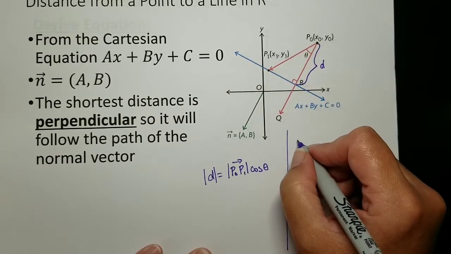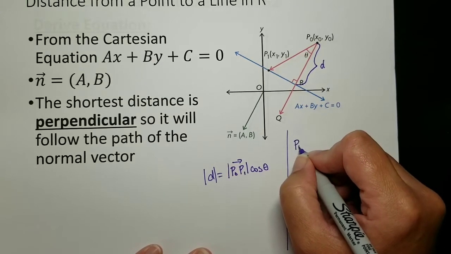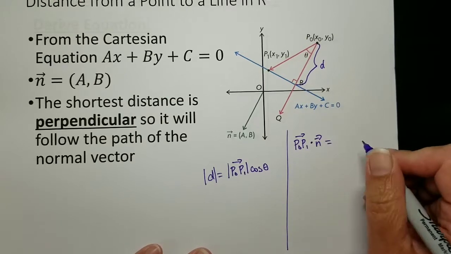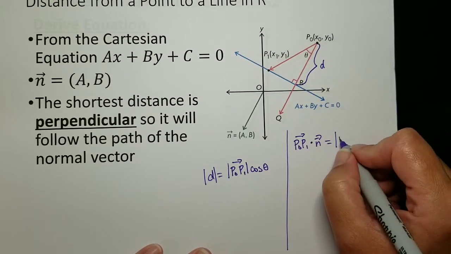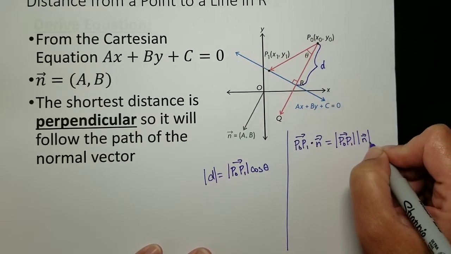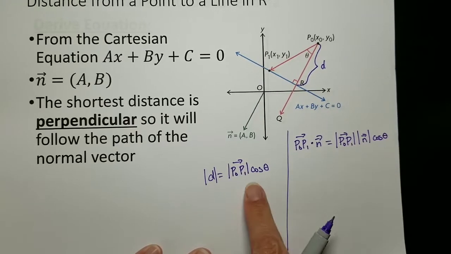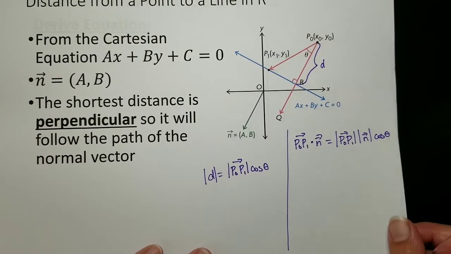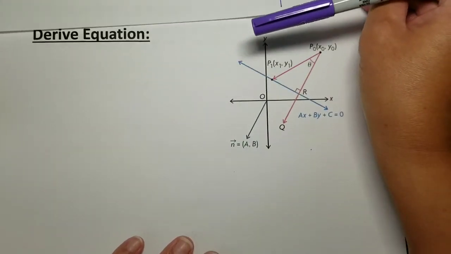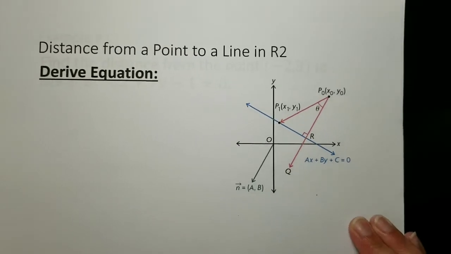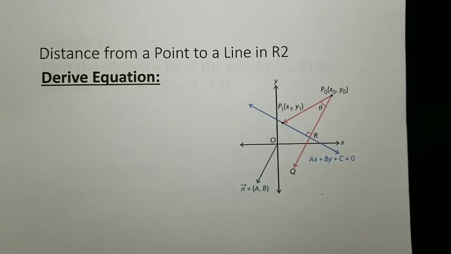So these are the two things that we're going to use. We're going to put together these two ideas and come up with an equation that we can use for distance. I'm just going to clear myself some more space here.